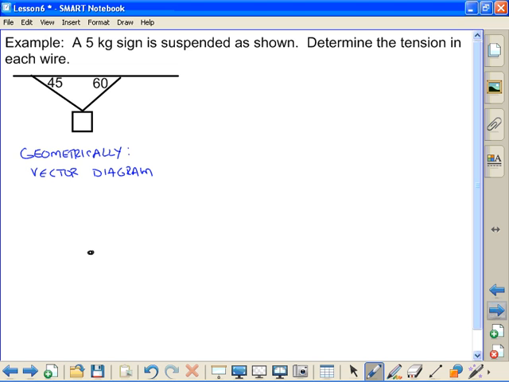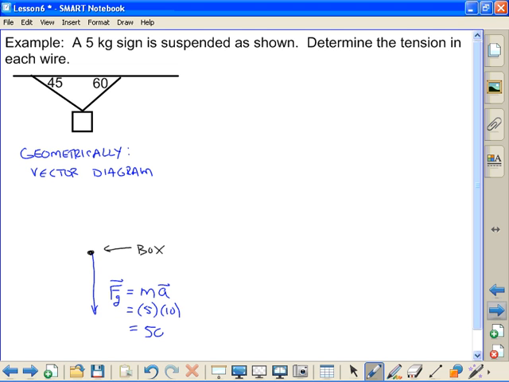So the box itself I'm going to represent as the dot. And it's going to have a force pulling down. So this is force due to gravity. For the people that haven't taken the physics, force due to gravity is going to be mass times acceleration, which is in this case 5 kilograms times 10.